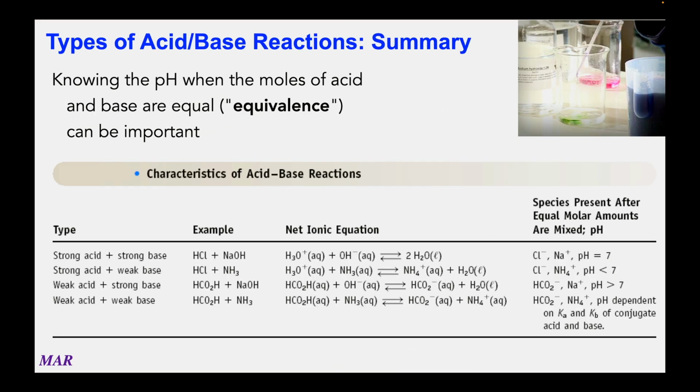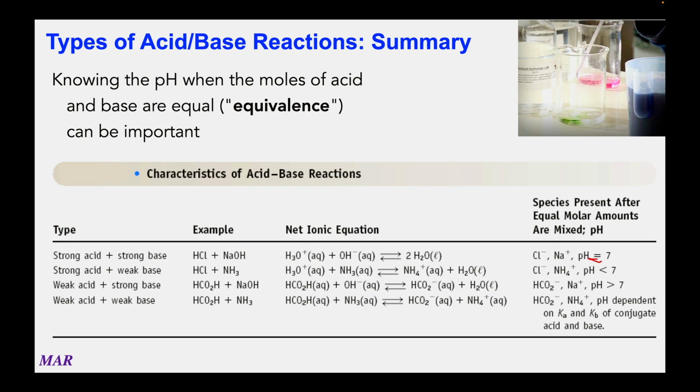This is kind of an overview of all these places. Now, equimolar has a fancy name with titrations called equivalence. So when you hear equivalence, you should think equal molar. It means the moles of the acid and the moles of the base are equal. And down there in the table, you can see there are 4 different combinations. You've got strong acid plus strong base. And on the right-hand side, you can see that the pH is going to be equal to 7.